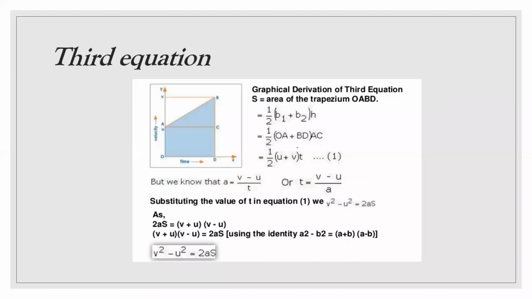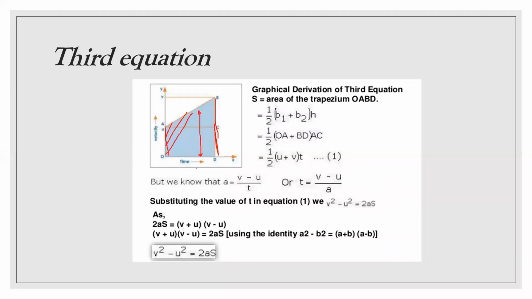Now the third equation. For the third equation also we will take the same graph, but now we will calculate the area of this trapezium. So what is the area of the trapezium? Area of the trapezium equals half into height into addition of two unequal arms. Yes, this is the area of trapezium.